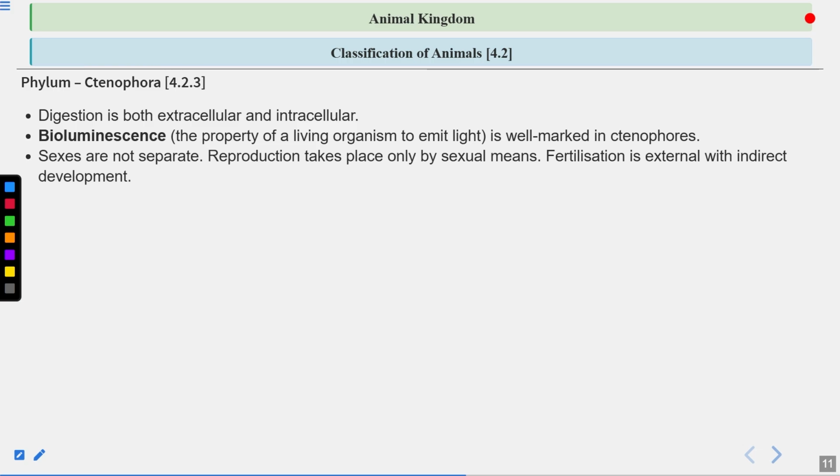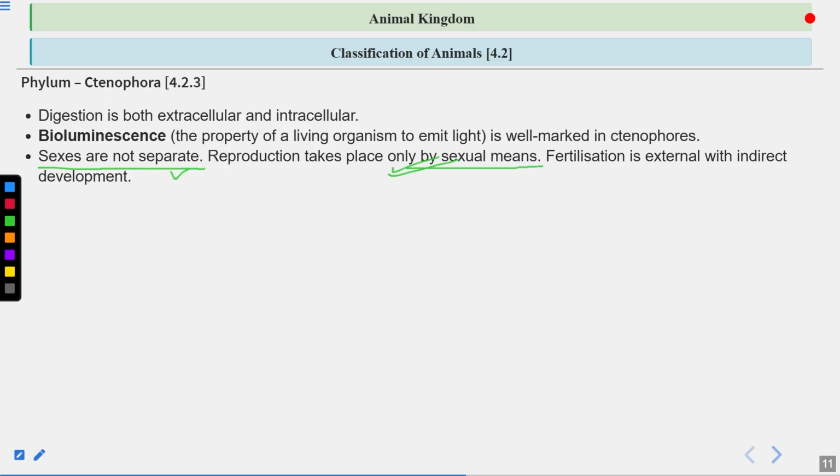Sexes are not separate. So they are hermaphrodite. Both sexes are found in the same individual. The male reproductive organ and the female reproductive organ are both found in the same organism. Reproduction takes place only by sexual means.